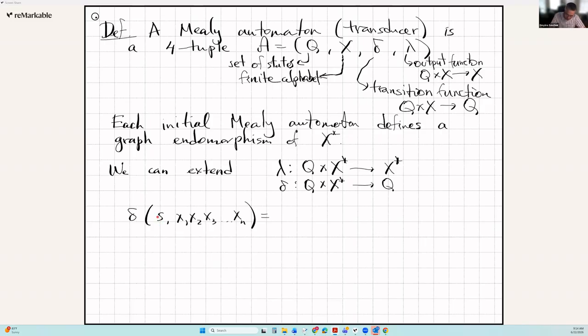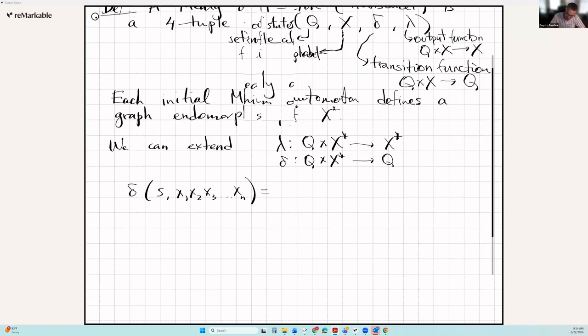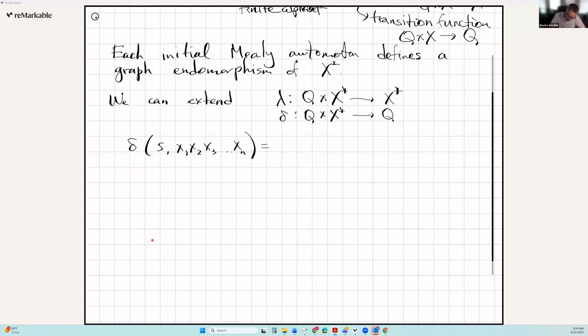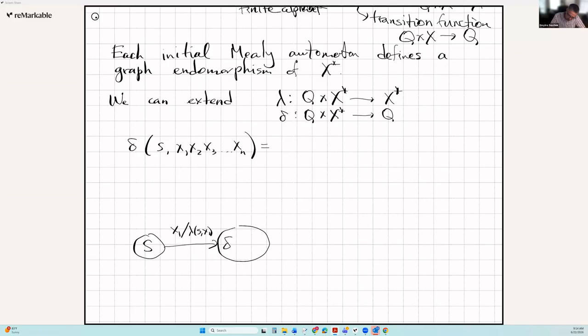You were in state s, and then you read, you find the arrow labeled by x1, and then you output, of course, lambda of s, x1, and you go to delta of s, x1. Then you process the rest of the word with this state.